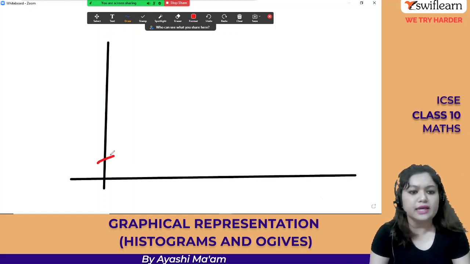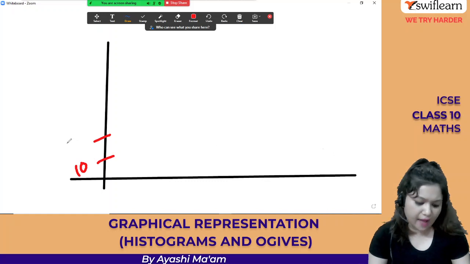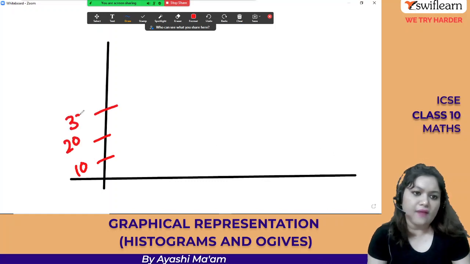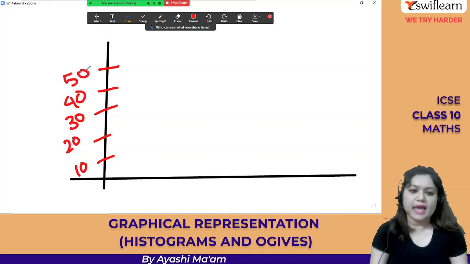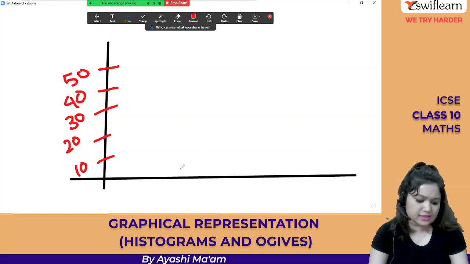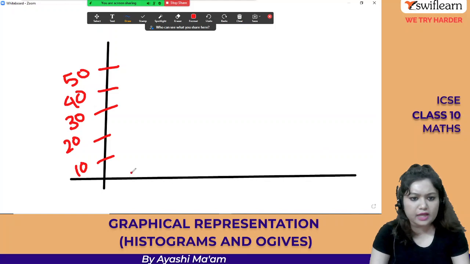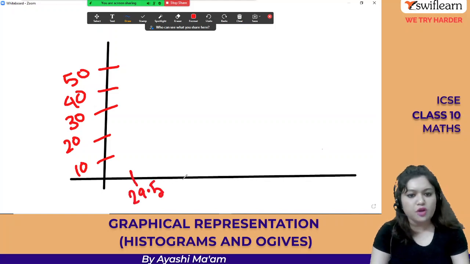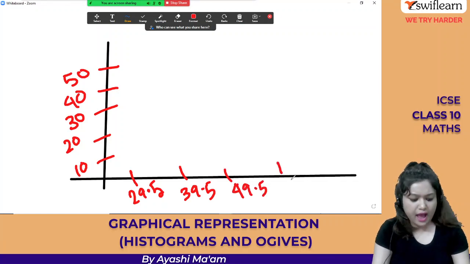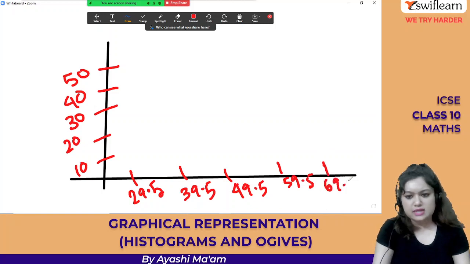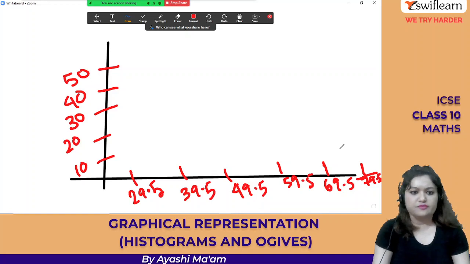So you can simply take it as 10, then 20, 30, 40, 50, like that. And on the x-axis you can take it as 29.5, then 39.5, then 49.5, 59.5, 69.5, and then 79.5, right?